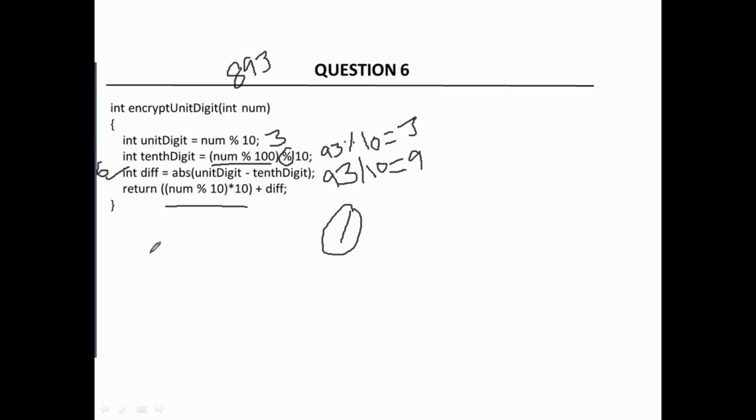What we need to do is take the 890 value and add this 6 to it, so that you'll get 896. 9 minus 3 you'll get 6, and this 6 value should be replaced in the units place. For that we should take an expression like 890 plus 6.